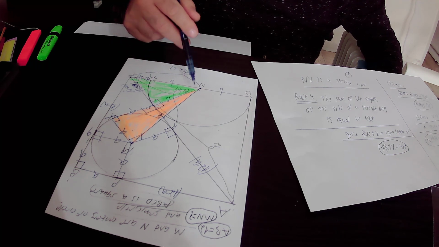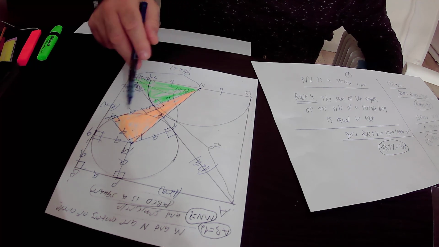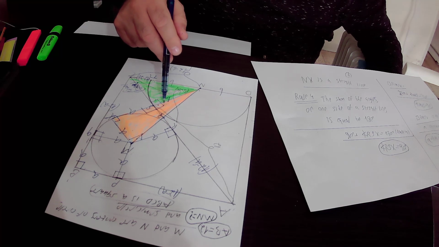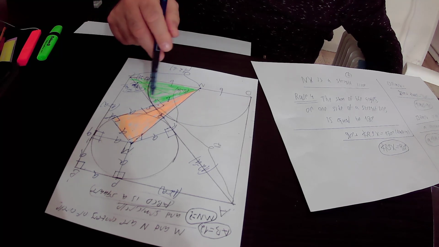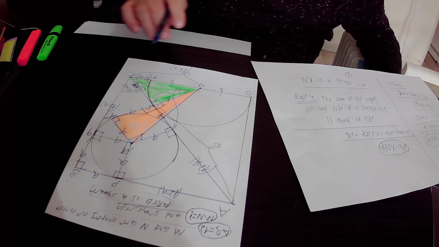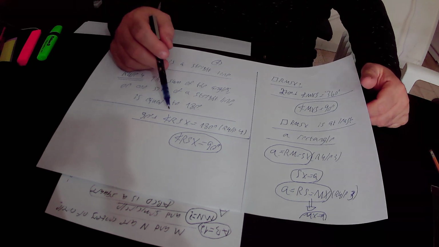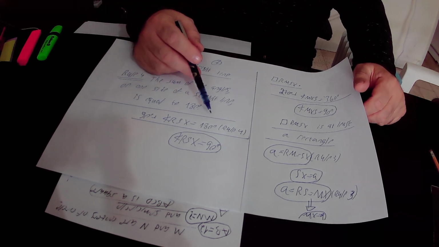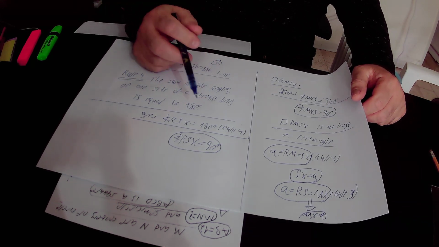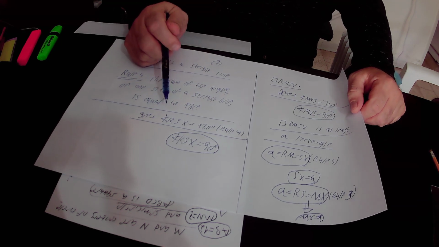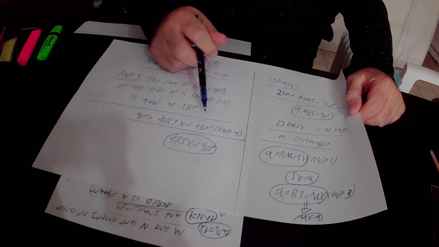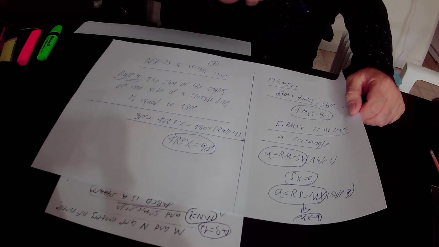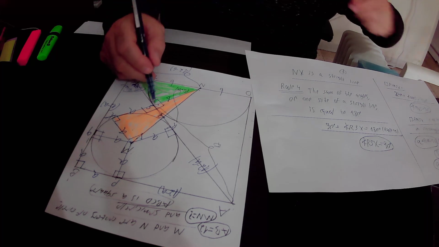Which angles do we have on this side of the straight line NX at point S? We have here 90 degrees, and we also have angle RSX. So in total the sum of those two angles must be equal to 180 degrees. 90 degrees plus the size of angle RSX must be equal to 180 degrees. We subtracted 90 degrees from this equation and found out that angle RSX equals 90 degrees, because 180 degrees minus 90 degrees is 90 degrees. So we found out that this angle is a right angle.